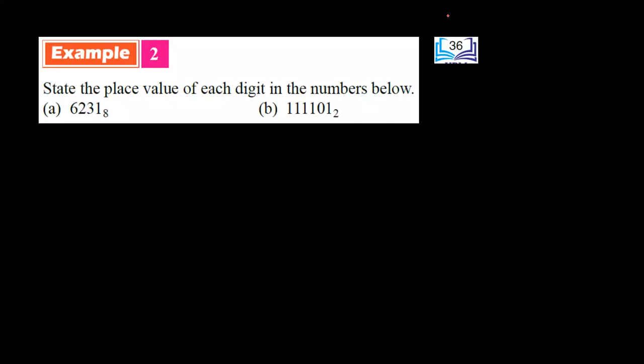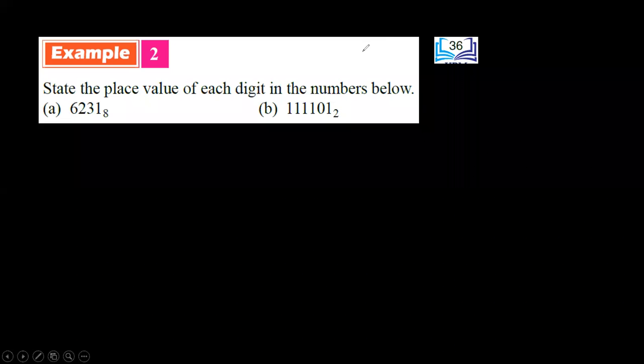Example 2 is on page 36: state the place value of each of the digits in the numbers below. Before we discuss these two examples, let's use the decimal system to check our understanding. For decimal numbers, we don't write the lowercase.